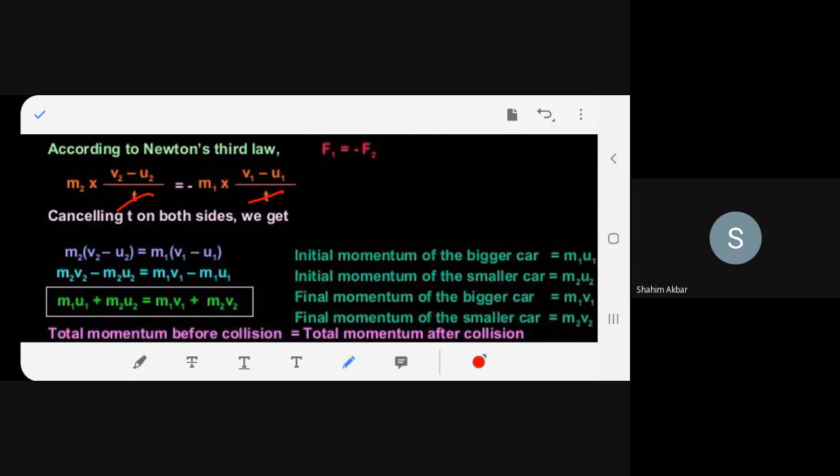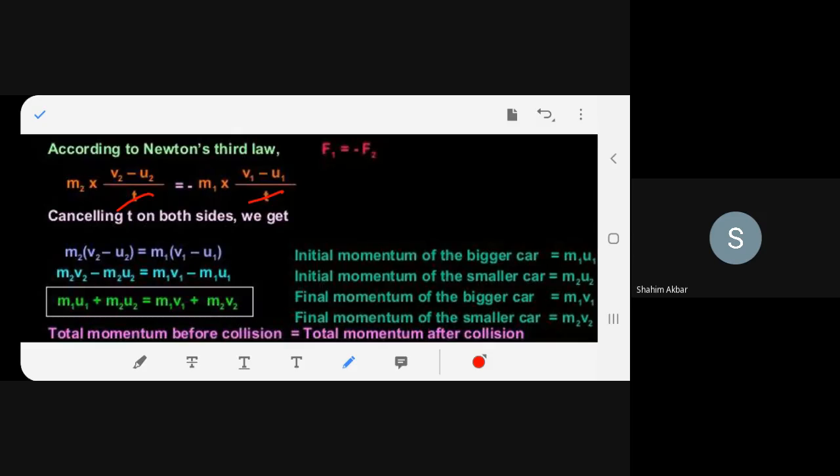So it becomes m2 v2 minus m2 u2 is equal to minus m1 v1 plus m1 u1. Okay. So you just take the minus sign over here and make all the things plus. You reshuffle, you get m1 u1 plus m2 u2 is equal to m1 v1 plus m2 v2.